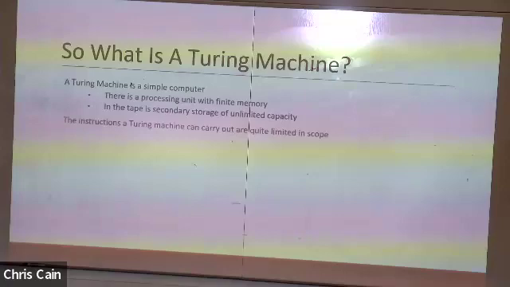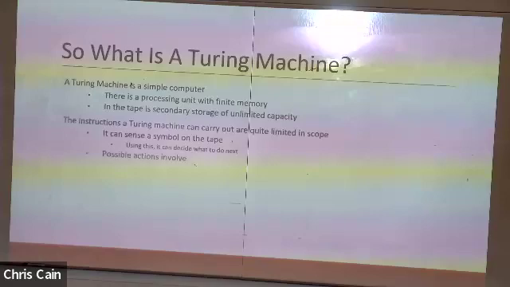While we made this as simple as we possibly could, the actual instructions are quite limited in scope. So if you're thinking of this as some kind of AI with sensors, what can it sense about the world around it? It can figure out what's on the tape at the current position. Given that information, it can decide what to do next.